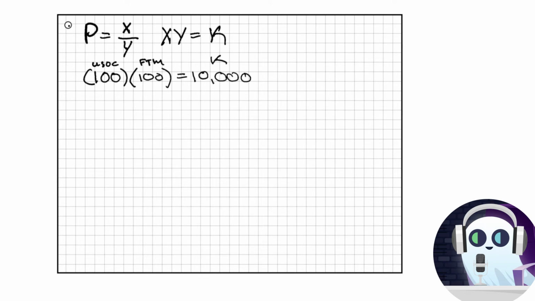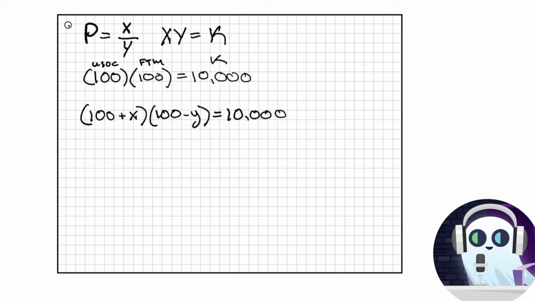So what that would look like is USDC has to come in and FTM has to go out for the price to go up. So that would look like 100 plus X, because USDC needs to come in, times 100 minus Y, because FTM needs to come out so the price can go up, is equal to 10,000, because K is constant.